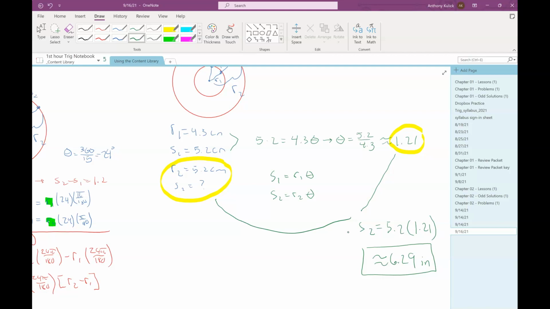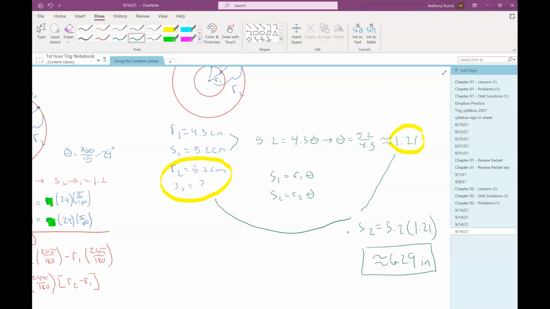Does that make sense as to what I did? So the big observation was realizing that it was going to be the same theta for both arc length equations. So I can use the theta from the little arc to find the length of the big arc. Okay, so the cut arc, like, is always going to be like an S?